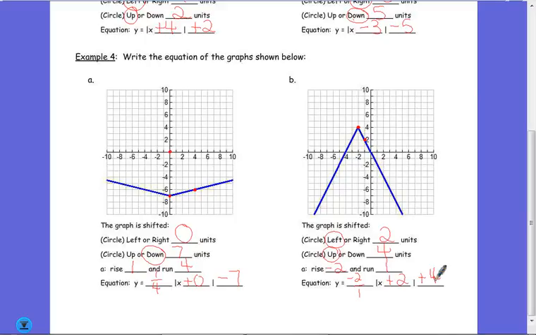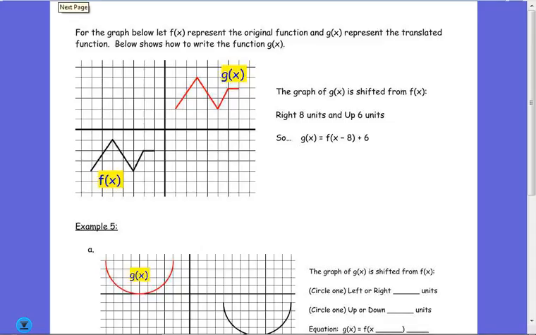So we have one more page, and this is an application of what we just did. So it says here, for the graph below, let f of x represent the original. So this is where we're starting. And g of x represent the translated function. So this is where we are ending.